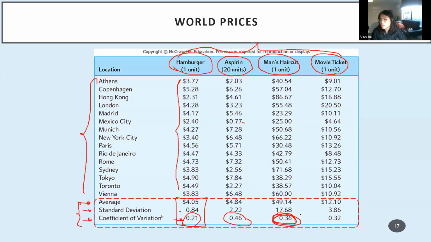This is because you cannot simply import a barber from Italy to Melbourne, Australia. The product is not too generic, so you would expect some price variation here. It's similar for movie tickets as well. So this table illustrates that when the product is more generic, you will see the law of one price hold a little bit more relative to other products.